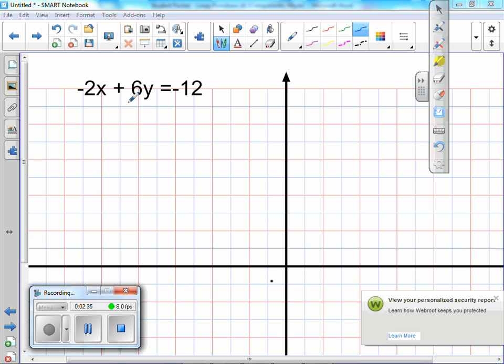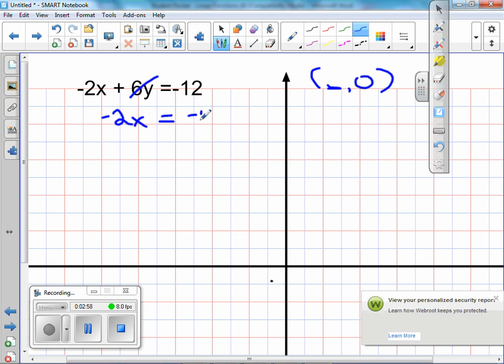To use the intercept method, we're going to find the x-intercept, so we know we need to let y be 0. We don't know what the x-intercept is, but we know that y is 0. So let's just mark through the y, because 0 times any number is 0, and work it out like this. Negative 2x equals negative 12.